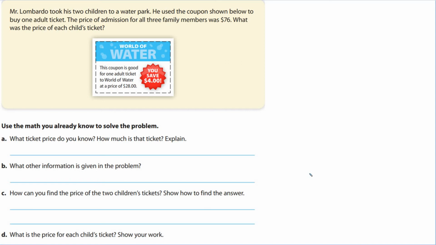Question B. What other information is given in the problem? Question C. How can you find the price of the two children's tickets? Show how to find your answer. And question D. What is the price for each child's ticket? Show your work. So pause this video, see if you can solve these four questions, and then check your answers once you unpause.